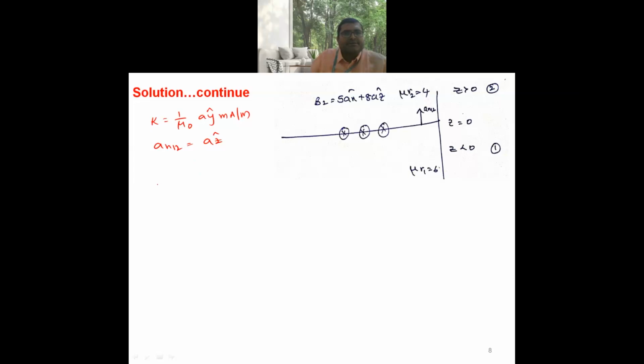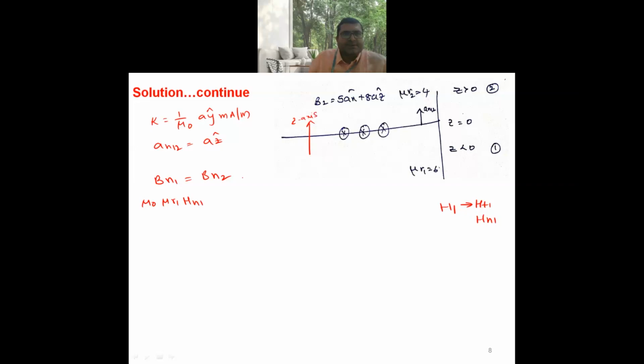Let us apply Bn1 is equal to Bn2. Here what you are supposed to calculate is H1. To determine H1, we are supposed to calculate HT1 and HN1. From this condition, we can determine HN1. HN1 can be calculated as mu naught mu r1 HN1. Z equal to 0 means the normal to the boundary is the z axis.